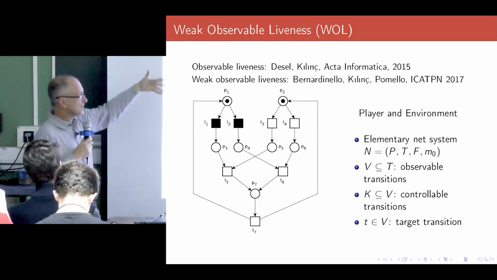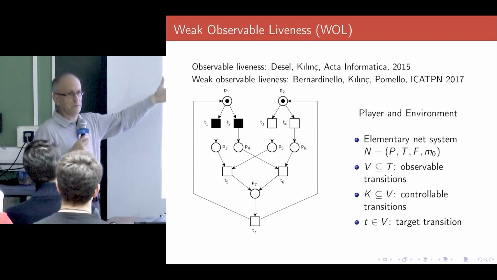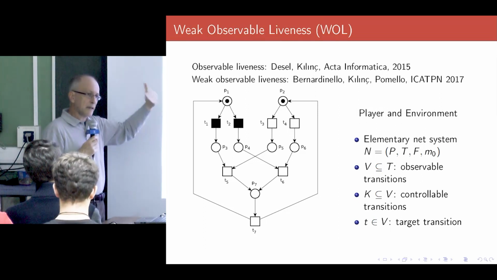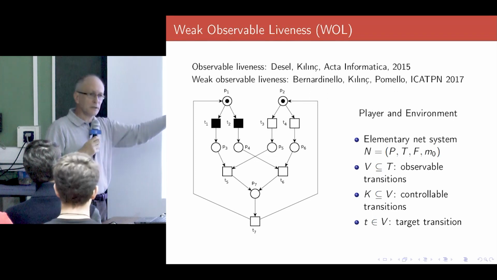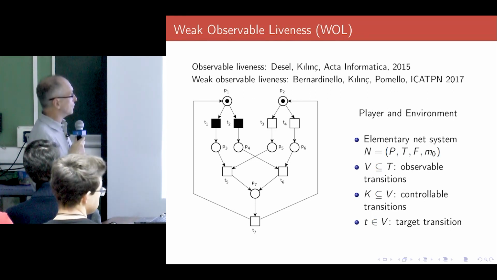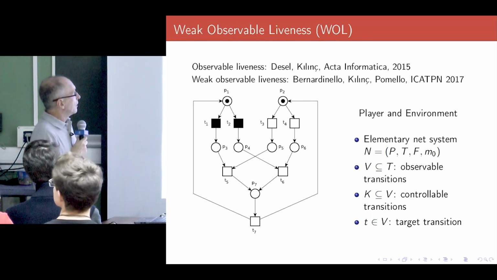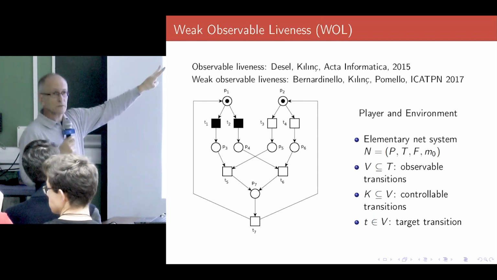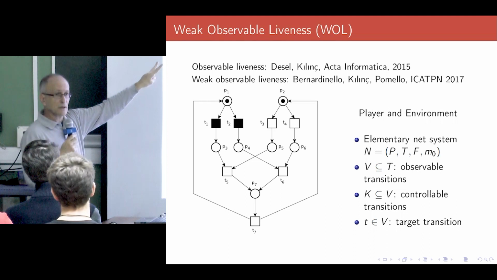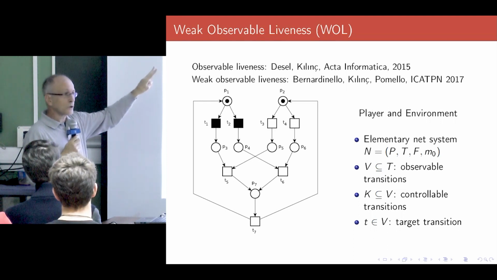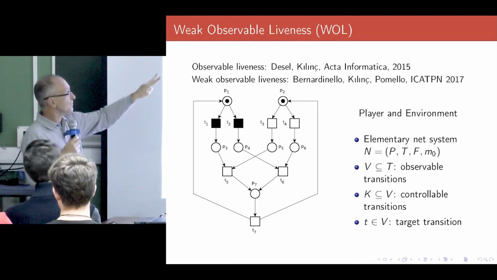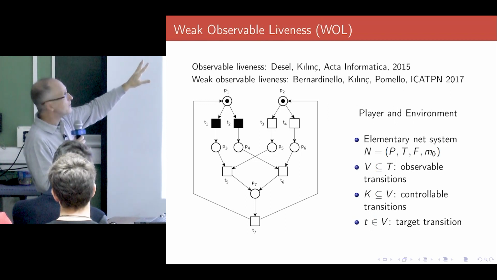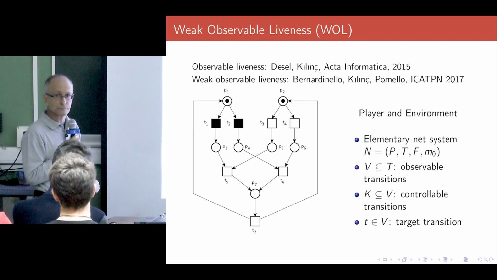In the meantime, of course, other transitions will fire necessarily, but we want to be able at any instant to reach a point in which T7 will occur. And in this example, I assume that the black squares correspond to the controllable transitions. So in this case, we assume that the player can control only T1 and T2.